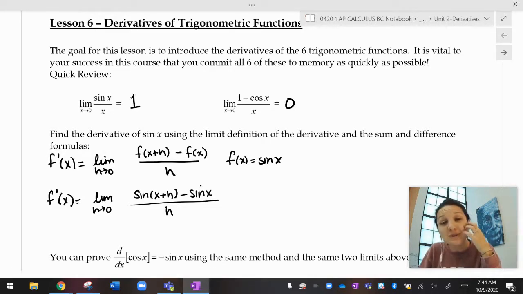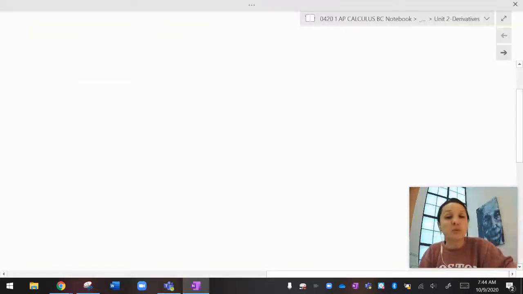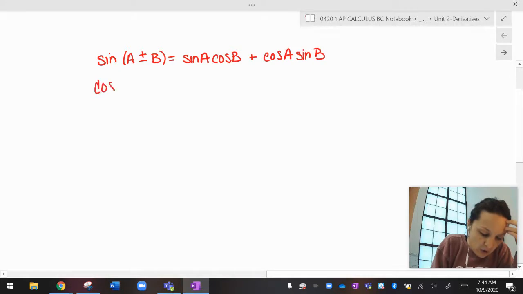So what we get to use is the sum and difference formulas for trig. I don't know if any of you really remember these, or maybe you might not have learned them, so we're going to go over them. There are two sum and difference formulas. The sine of a plus or minus b is sine a cosine b plus or minus cosine a sine b, and the cosine of a plus or minus b is cosine a cosine b, minus or plus sine a sine b.